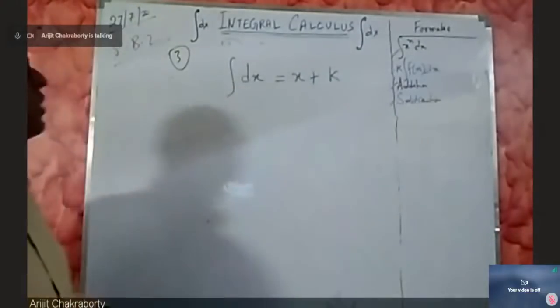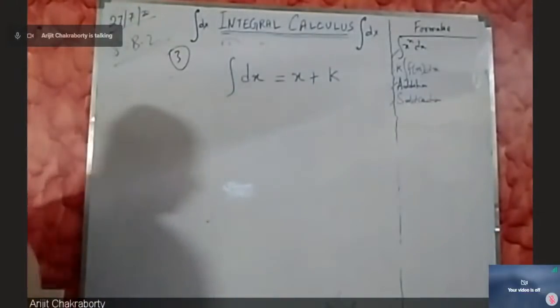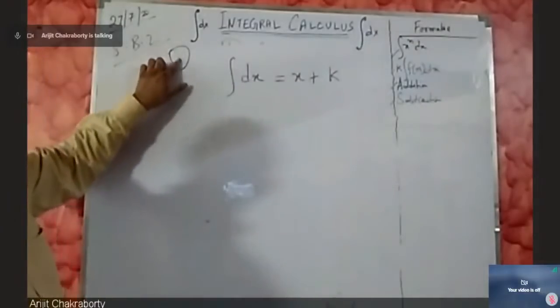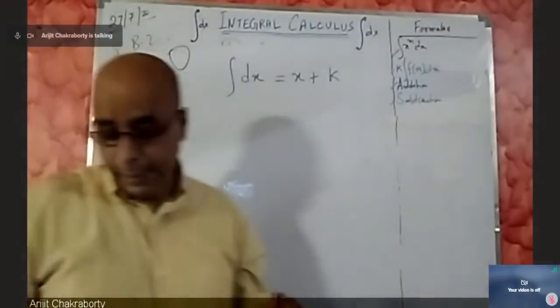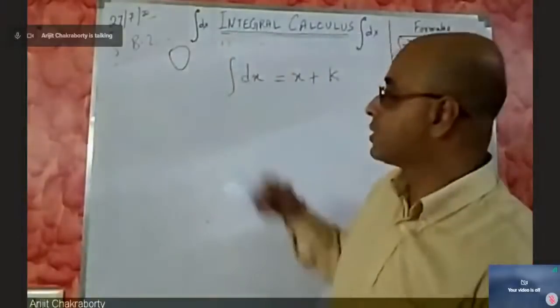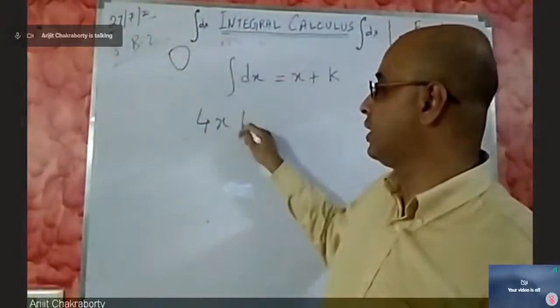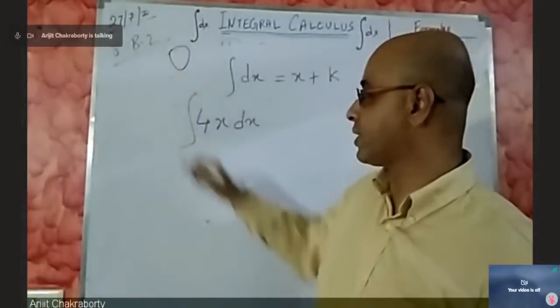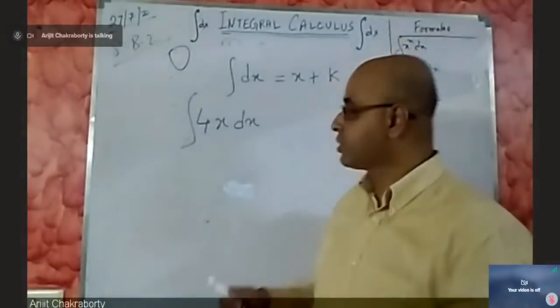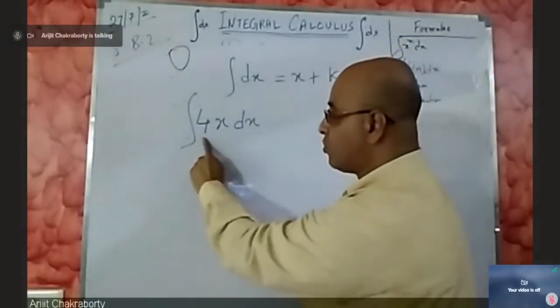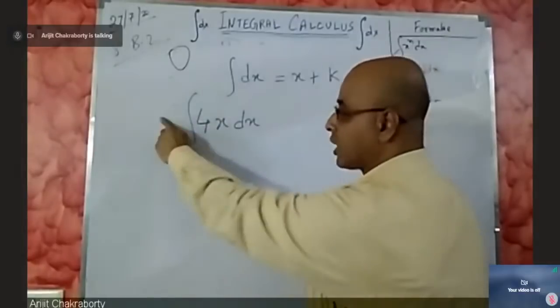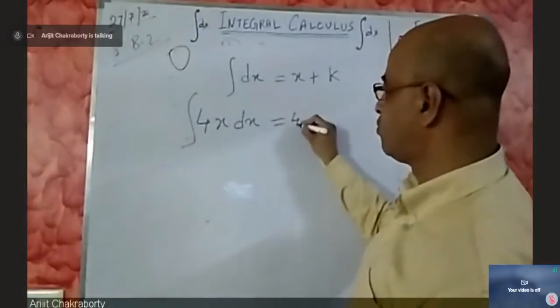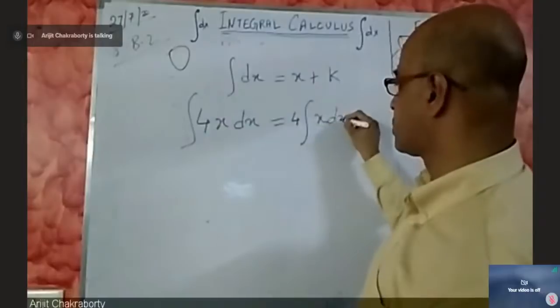Right? The first one. Next one we take is, let's take 4x dx. So we have 4x dx. We want to integrate. So we use the constant multiplier rule, 4x dx. 4 comes out, so it becomes 4 times x dx.